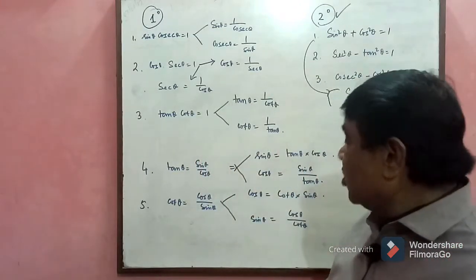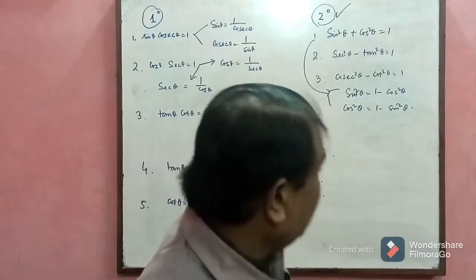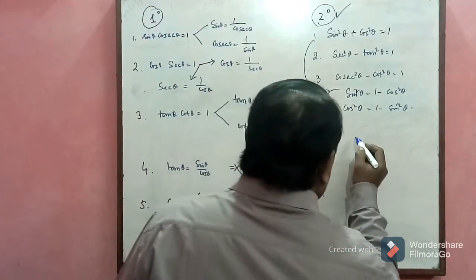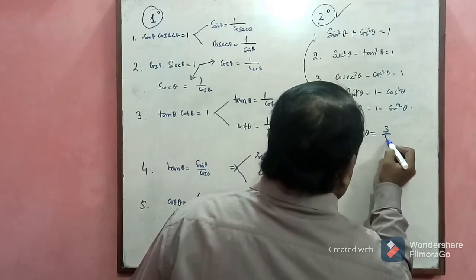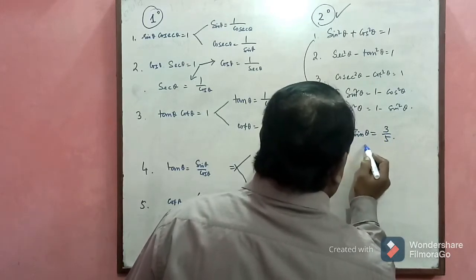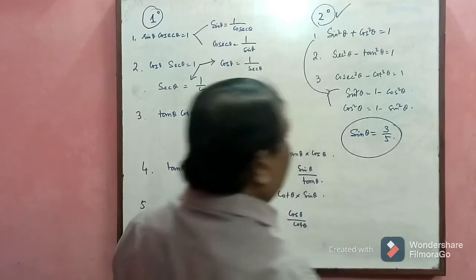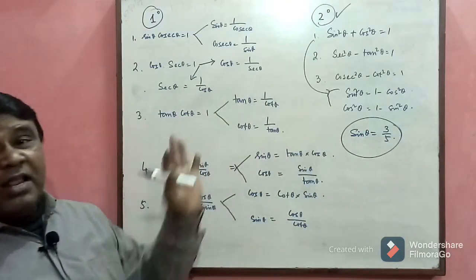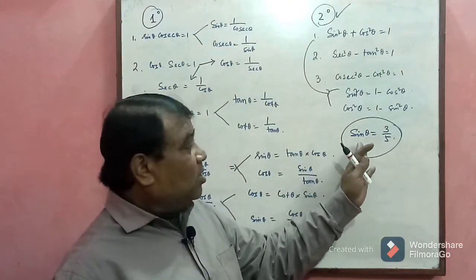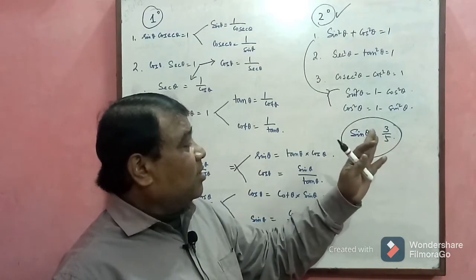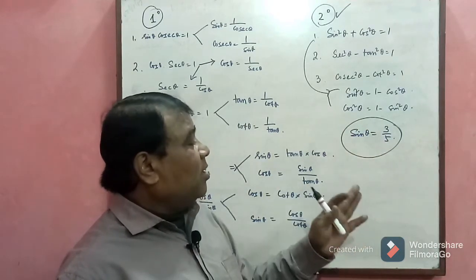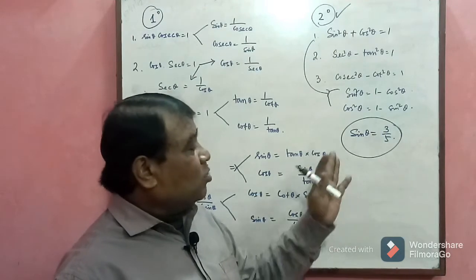So if I say sin theta is equal to 3 upon 5, we can find the values of the other 5 variables: cos theta, sec theta, tan theta, cot theta, cosec theta.